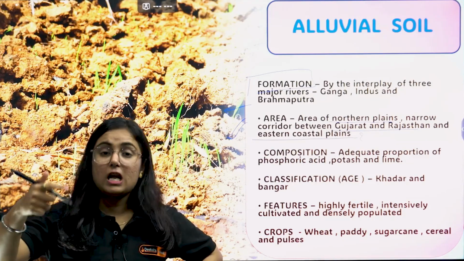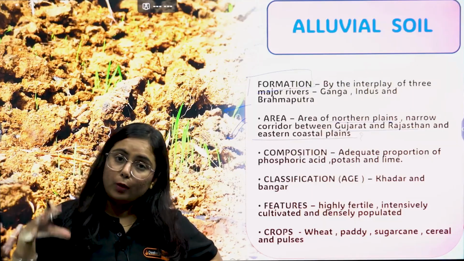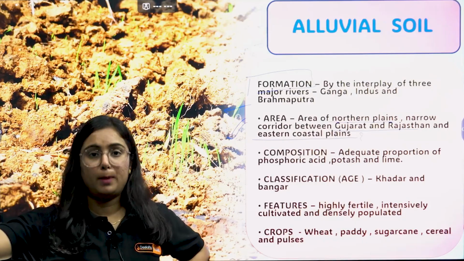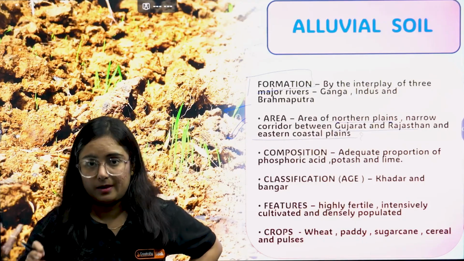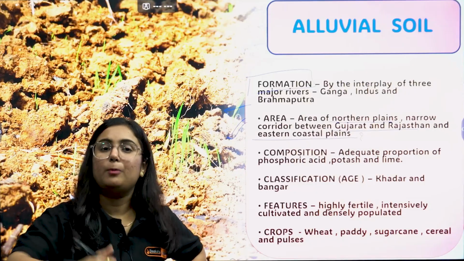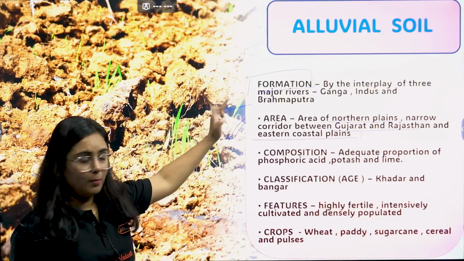Because Krishna, Kaveri, Godavari, 3 major rivers are flowing in South India, which are mixing with Bay of Bengal, and in that delta formed by those rivers, this soil is formed because of the deposition of sediments, right? So this is the reason for the formation.